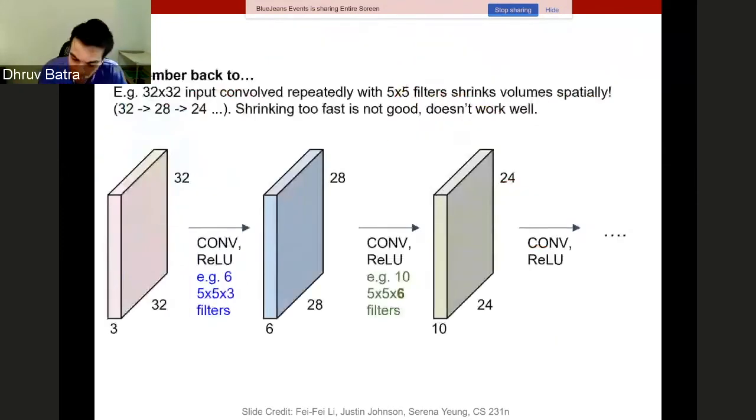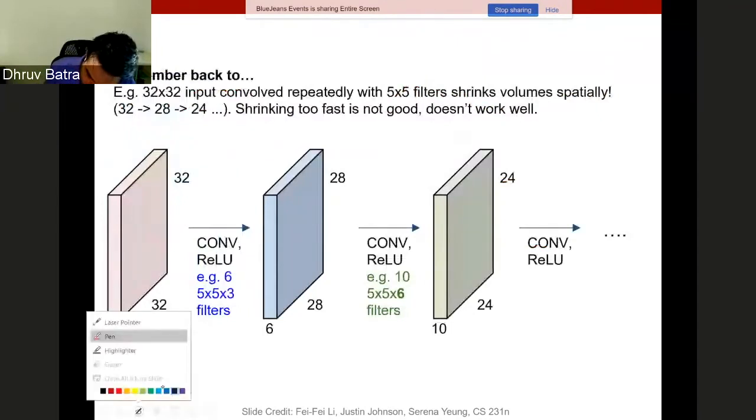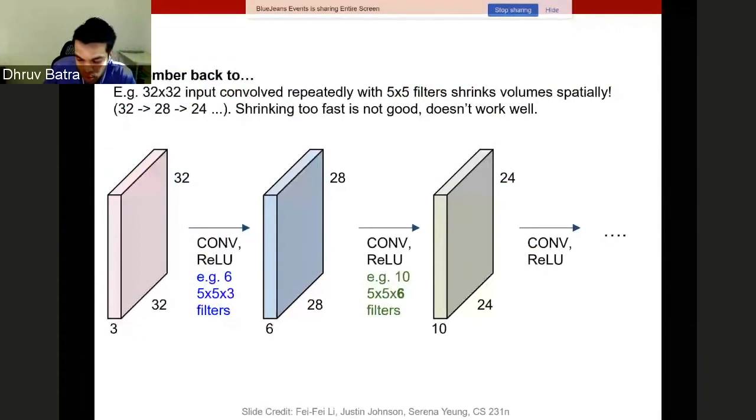Okay. So, coming back, now that we understand stride and its impact on spatial resolution, you realize that without padding, repeated convolutions with filters that have non-trivial spatial size will lead to reduction in spatial resolution.